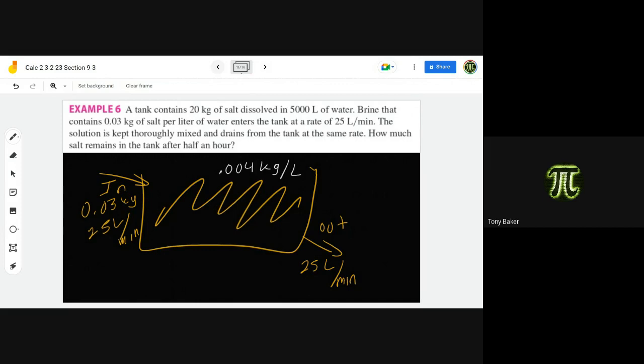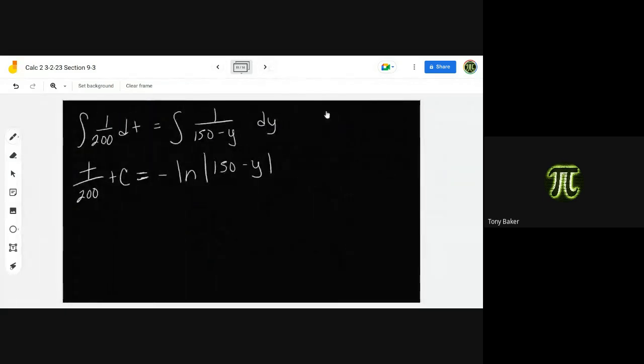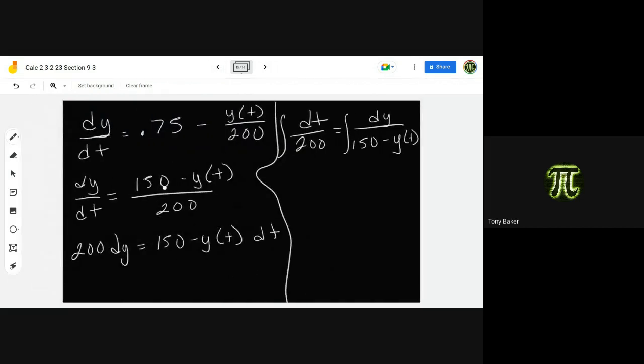Okay. That's the first point. So I have a point. At 0 time, I have 20 kilograms of salt. So when time is 0, y is 20. I can now use that to find C. Common denominator, I just multiplied that by 200.